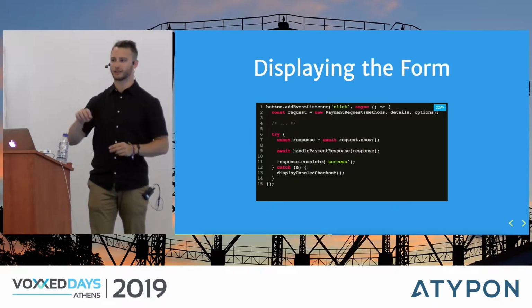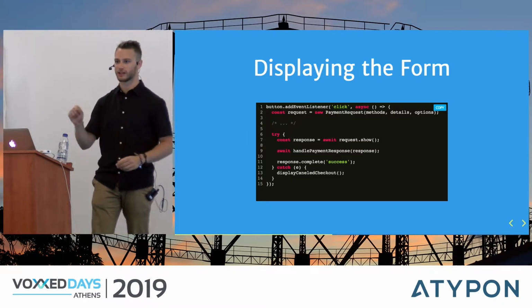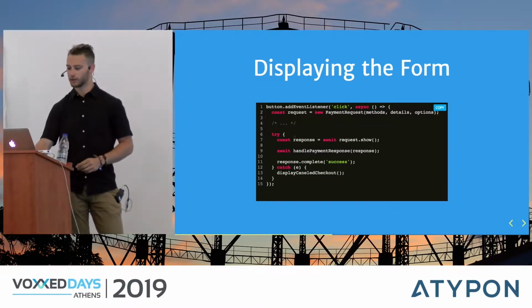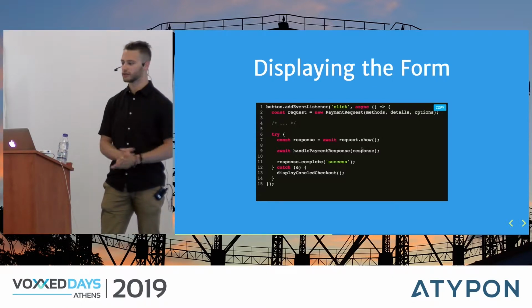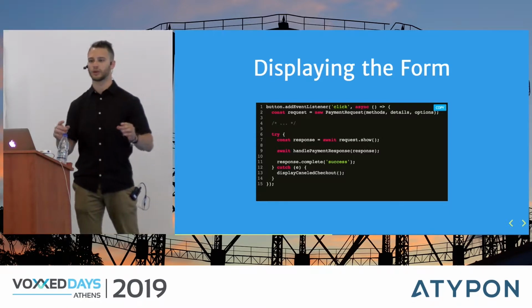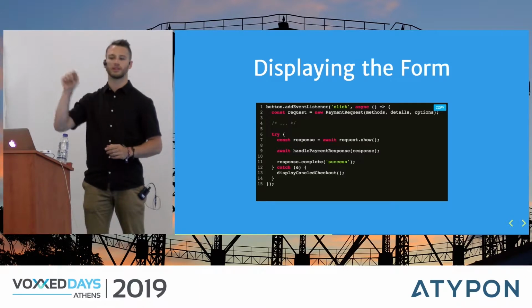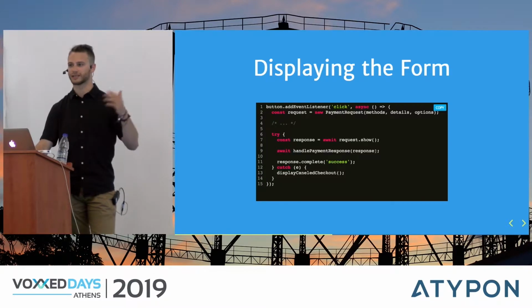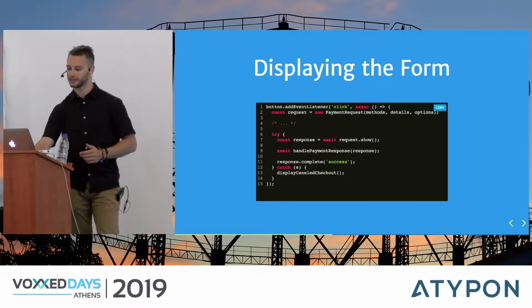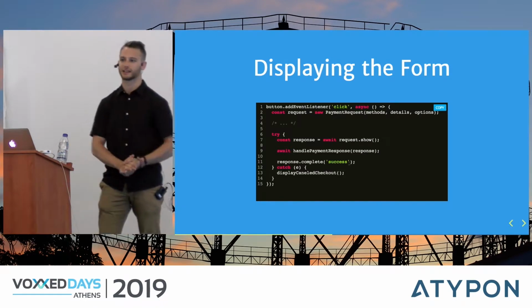Once the user goes through the process, selects everything, and hits OK, then it will resolve with a response, which you can handle, send to your backend to do whatever you want with it. And you should note that at this point, the form is still on the screen. It hasn't gone away. It'll just say loading. So then the developer, once you're done processing it, saving those details, you would call response.complete and give it the complete status of success.